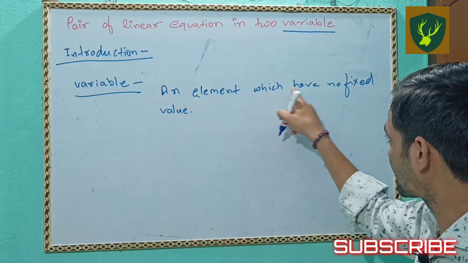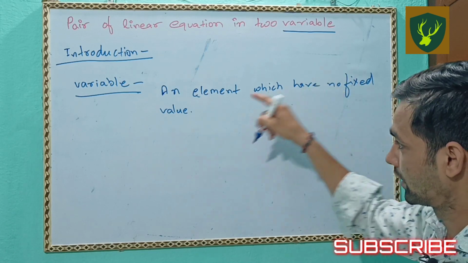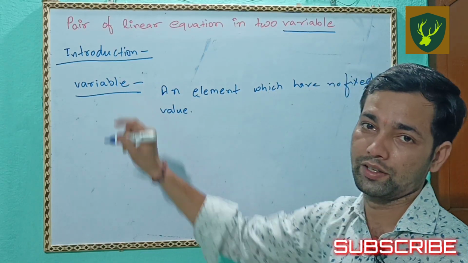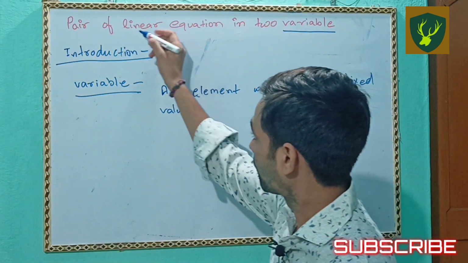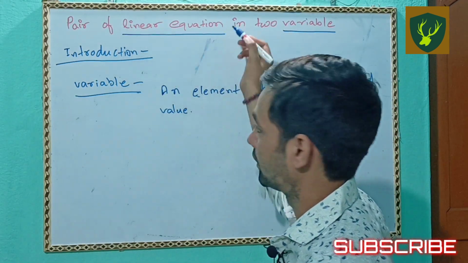An element which has no fixed value will be known as a variable. After this we will study about a linear equation.